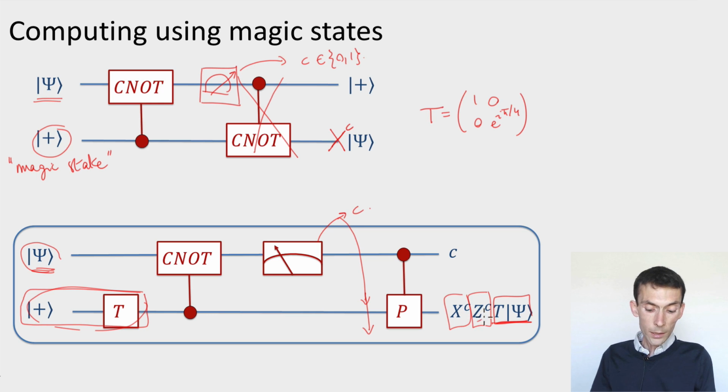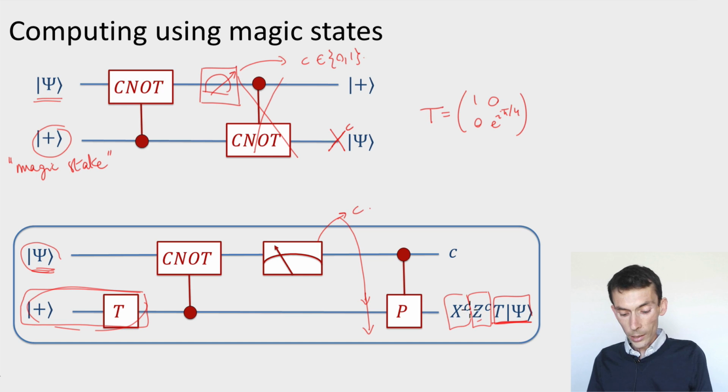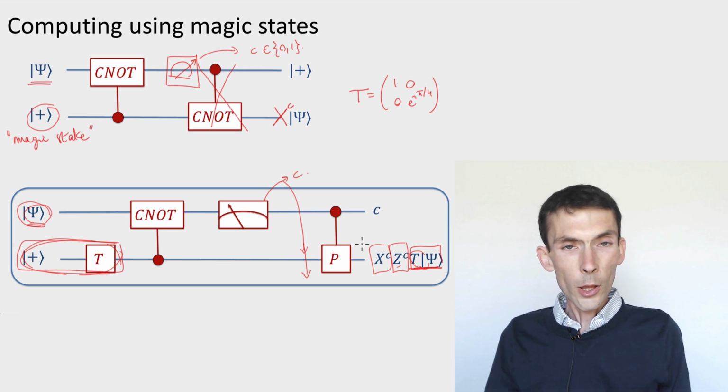We'll just have to update our one-time pad key by adding C to the bits for the X basis and C to the bits for the Z basis. But in this way, we've managed to apply a T gate to whatever was on this wire here, simply by preparing this simple one-qubit magic state, sending it to the prover, and then instructing the prover to perform these operations. So that's the circuit for doing the T gate in the clear.